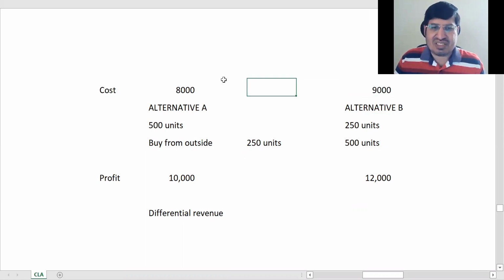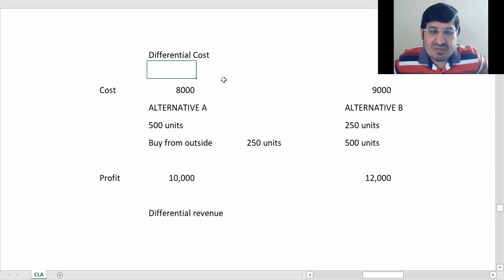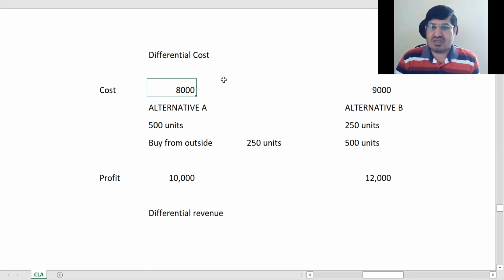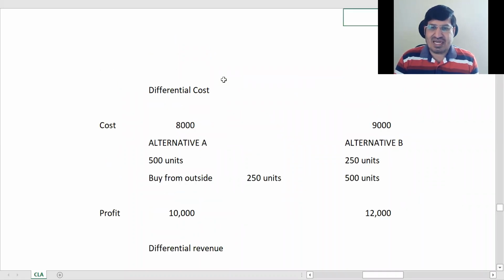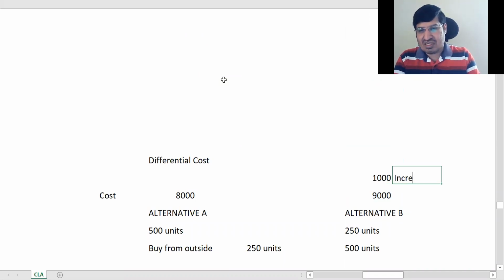So this difference, this increase in cost, is called differential cost. Because your cost has increased here, the increase of 1,000, from 8 to 9,000, is called incremental cost.